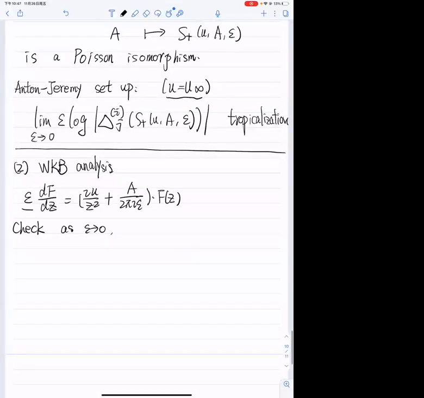Right. So in the last 10 minutes, first, let's assume, like what people did. This WKB stands for the names of three physicists.